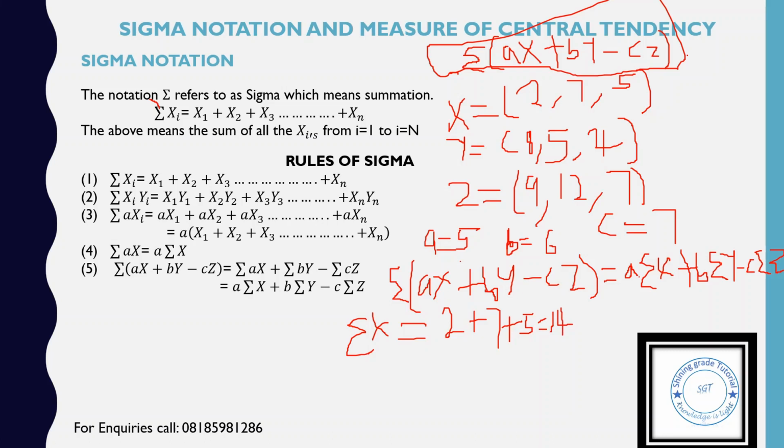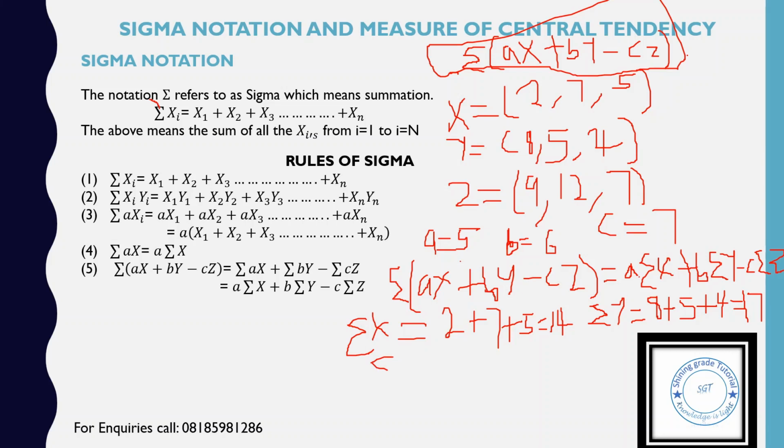So summation y. What is summation y? Summation y will be 1 plus 5, oh, that is 8 too, 8 plus 5 plus 4, and that gives us 17.